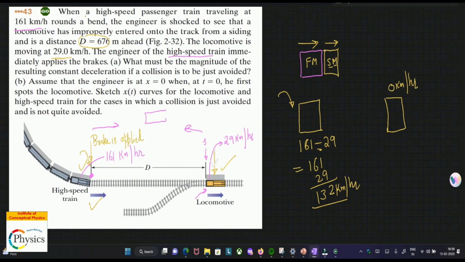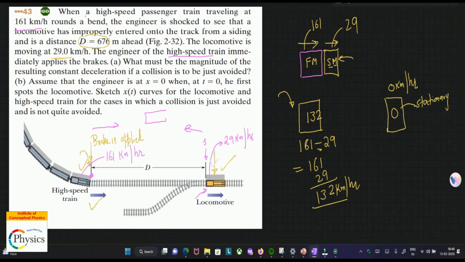You can say that one is moving with 161 and the other with 29, or you can say this is moving with 132 and this is moving with 0. It is one and the same thing, right? Which means I have made this stationary, as good as stationary.